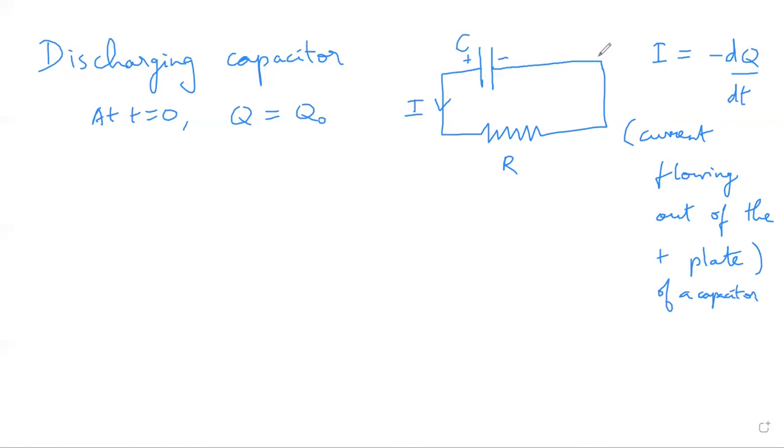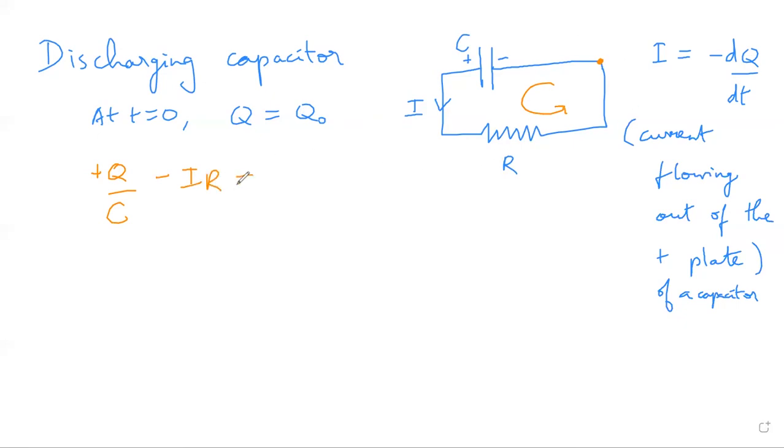Once again, we do the loop rule. We'll start over here and go around counterclockwise. So first we cross the capacitor, going from the negative to the positive. So we are gaining potential, and the amount that we gain is plus Q over C. Then we go across the resistor, and we are going with the current, so we lose potential, so minus IR.